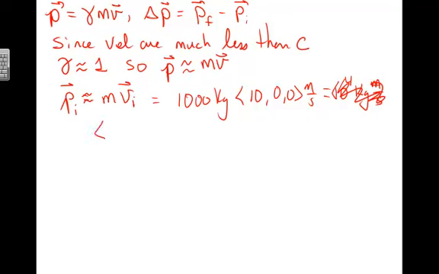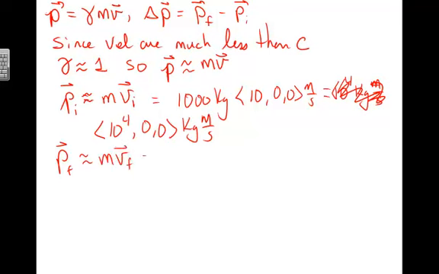So that's going to be <10^4, 0, 0> kilogram meters per second. My P final then is m times v final, which is 1,000 kilograms times 30 meters per second times my unit vector <0,-1,0>.